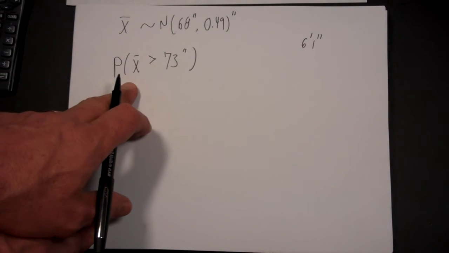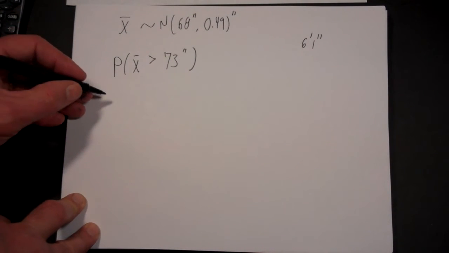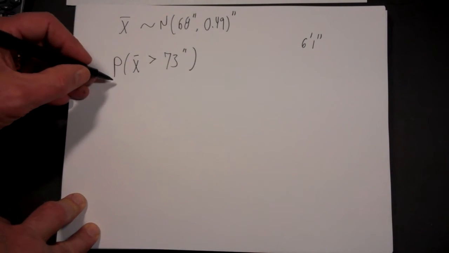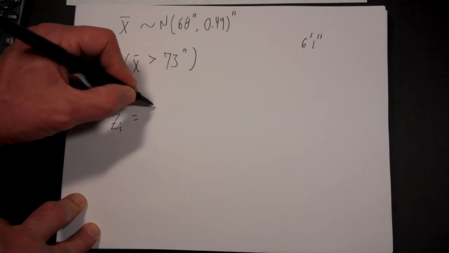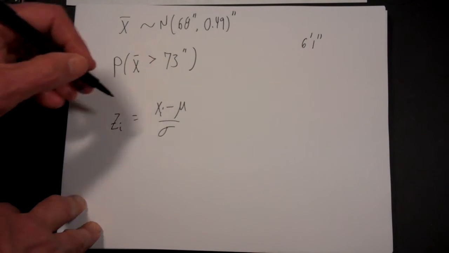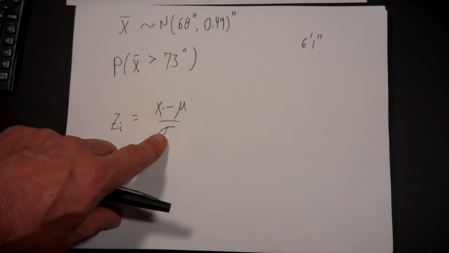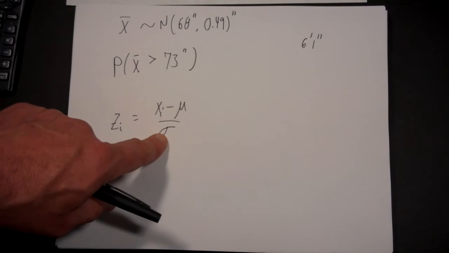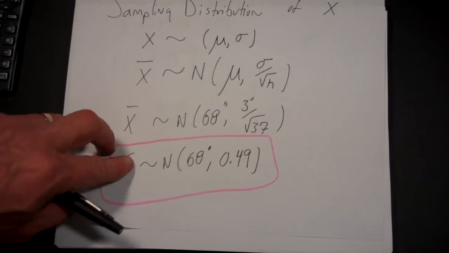We're going to translate this x bar into a z, and the way we do this is z equals x minus mu over sigma, but be careful here. Since this is x bar, the sigma is not going to be our original sigma, but the sigma for our sample mean.